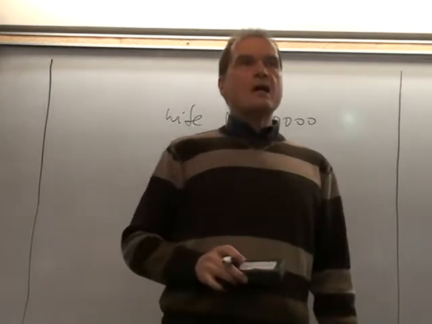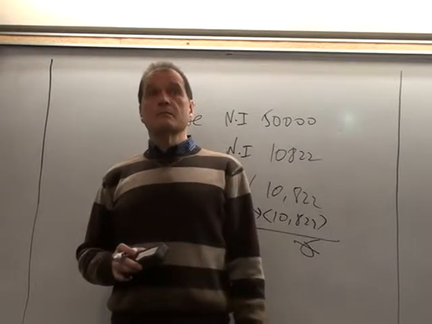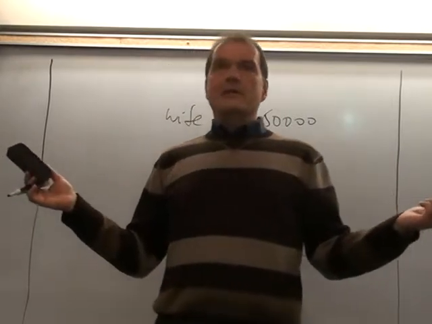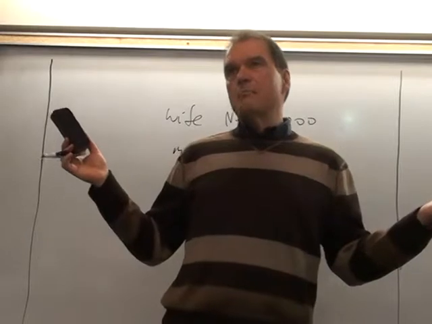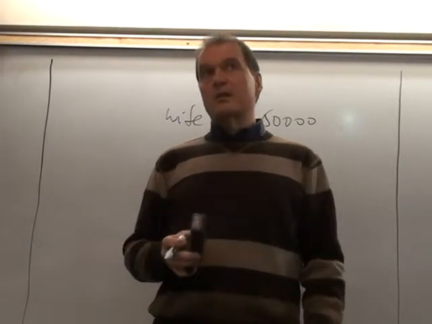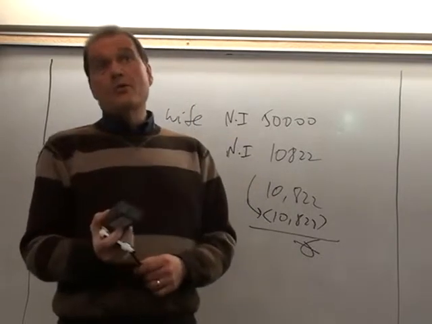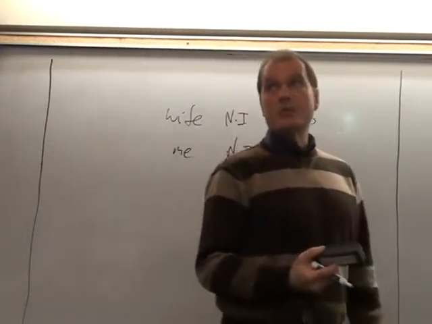What if both spouses have $80,000 of income? Neither of them can claim it, so it's immaterial. Of course, they can both claim the basic credit, the individual credit. But neither of them can claim the spouse credit because each other's net income is higher than 10,822.